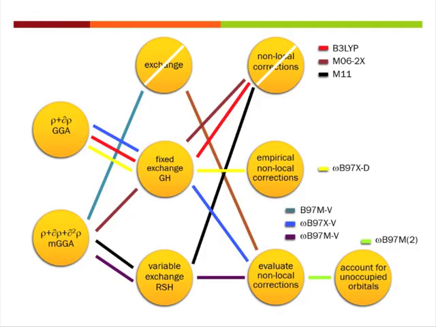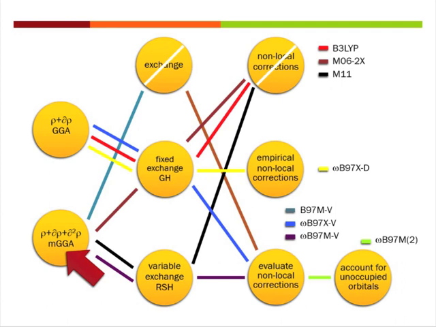This chart simplifies it. We start with one of two things. We either start with what's called the generalized gradient approximation, which says the fundamental component is the density plus the gradient, or we start with something which says the fundamental component is the density plus the gradient plus the second derivative.